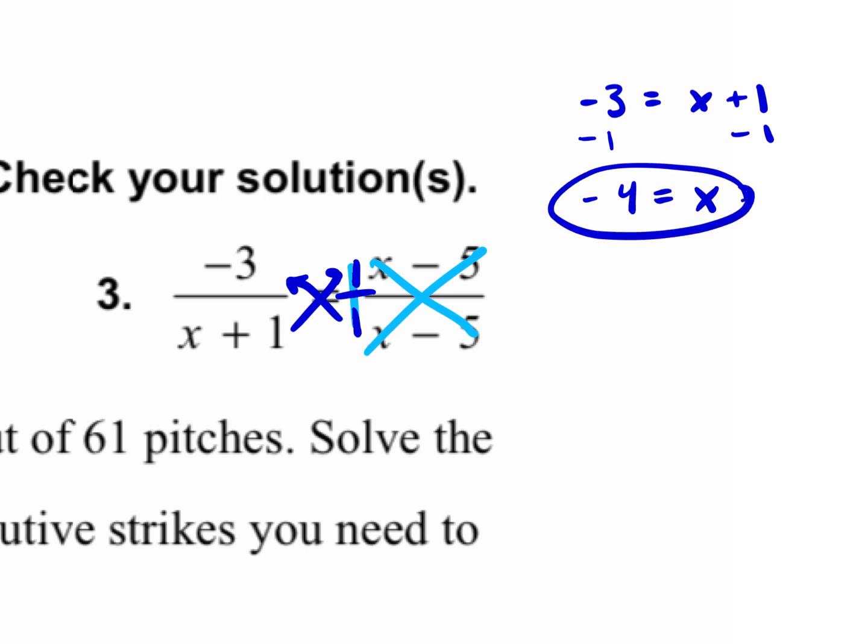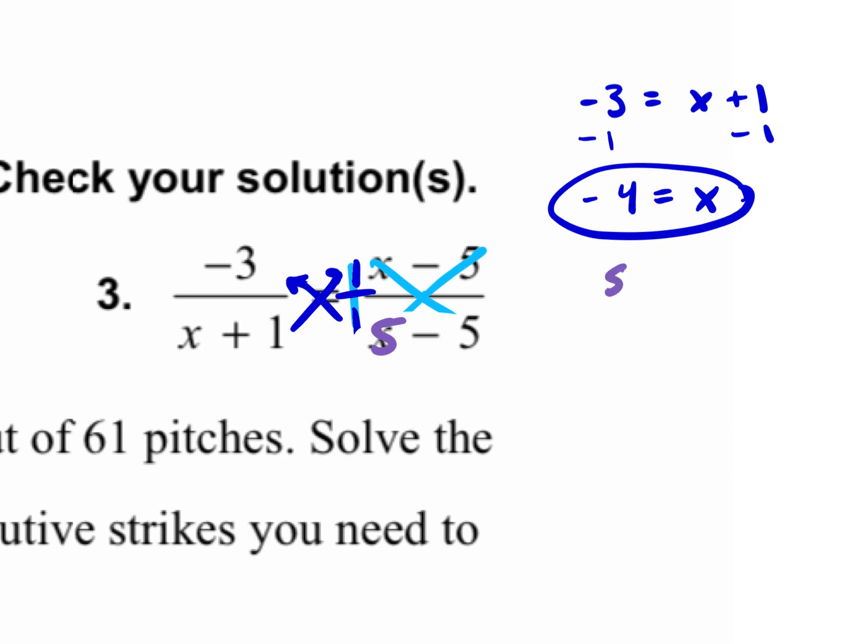If you didn't simplify and you solved by multiplying and then factoring, what was the other answer that you got? 5. Now let's look at the bottom of the fraction here. Can I have 5 as an answer? If I plugged 5 in, what's 5 minus 5? 0, which doesn't work.